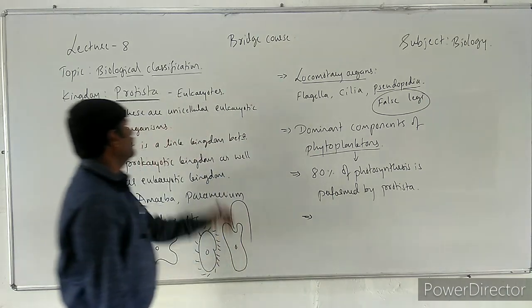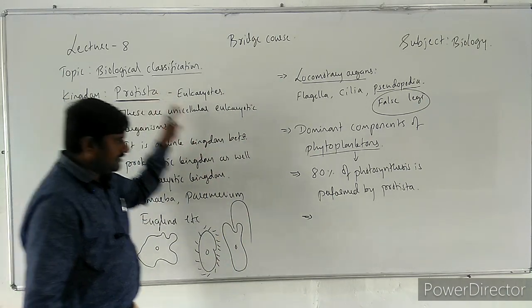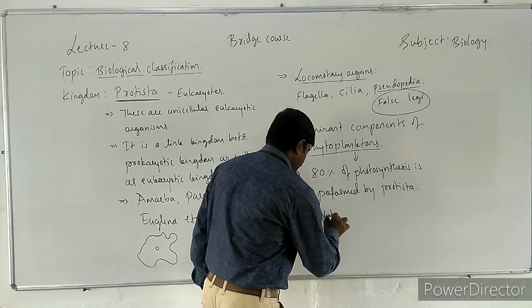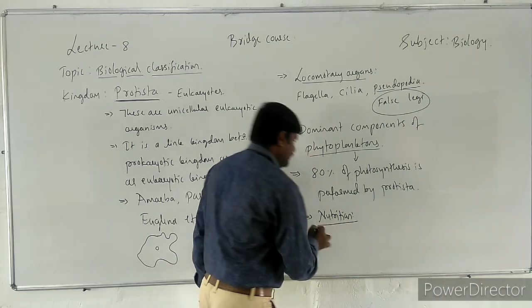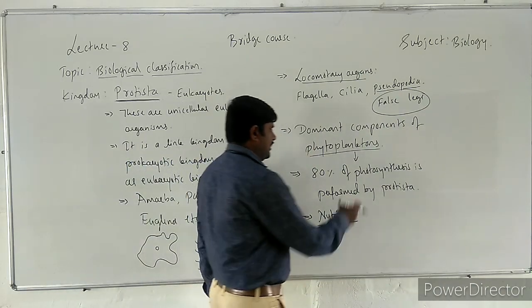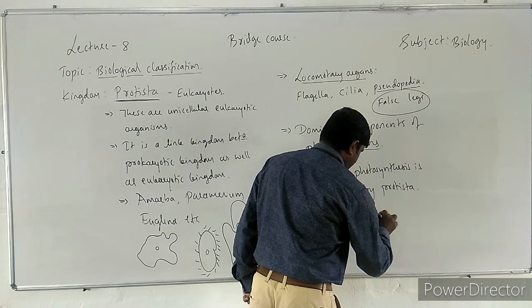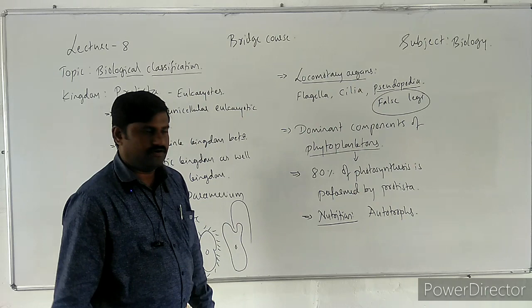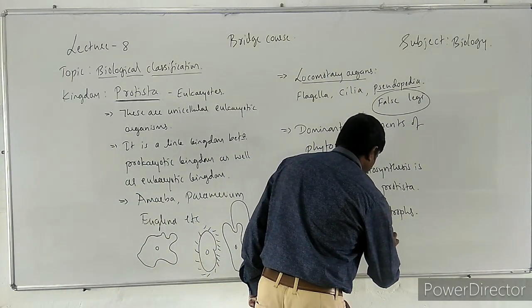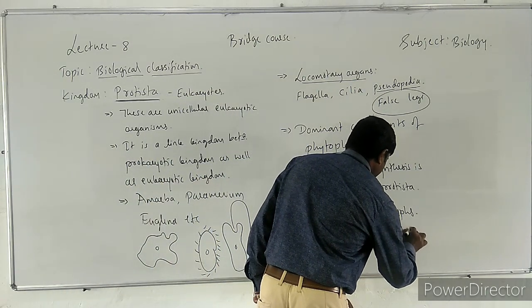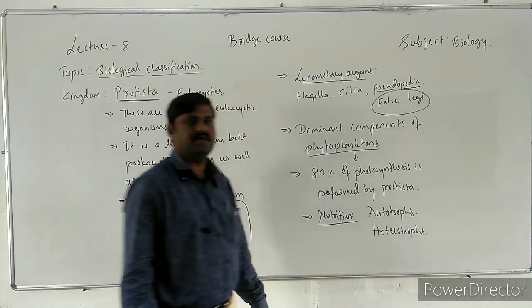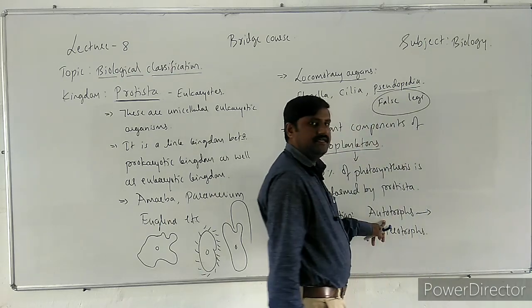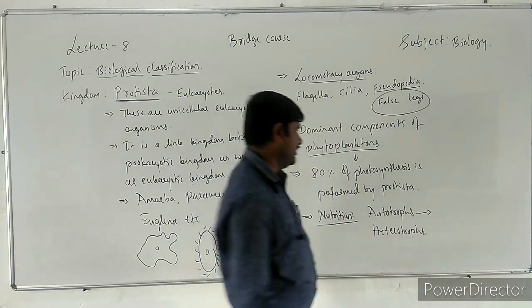So protistans. Next characteristic feature of these protistans, nutrition. The majority of them are plants, hence they are autotrophs, right? And some are heterotrophs. Autotrophs in the sense that they can synthesize their own food material.